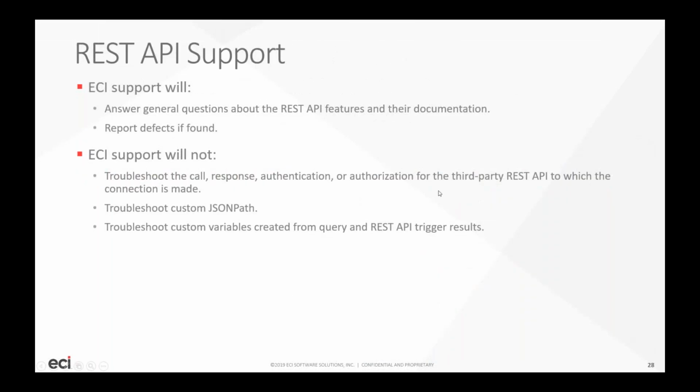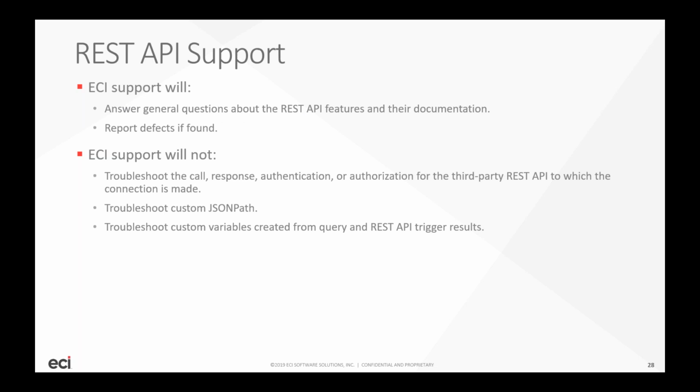This is actually the last topic with regard to support. So what are we supporting when it comes to REST APIs? This is very similar to our support policy for queries. In the case of REST APIs, we will answer general questions about the REST API features and their documentation, and we'll report defects if they're found.